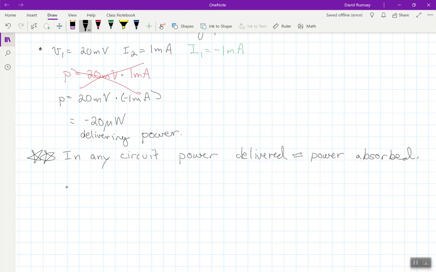Let's suppose we have a voltage source delivering, well, actually, instead of 60 watts, let's do 10 watts of power to an LED light bulb.